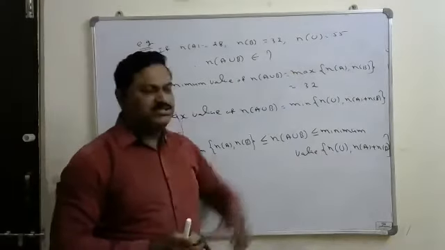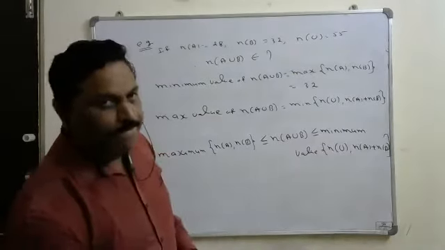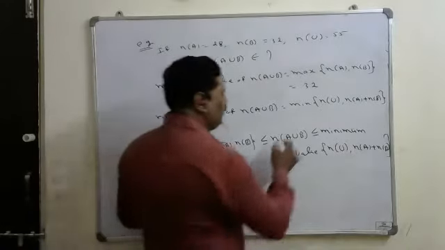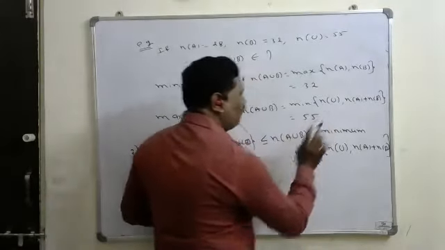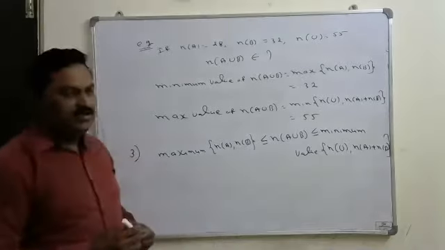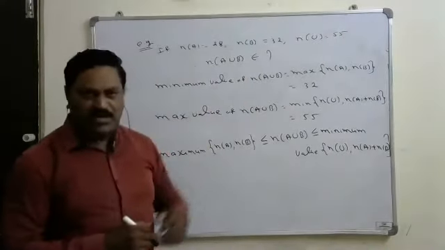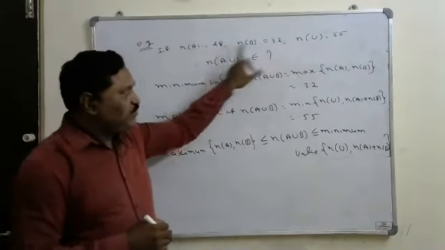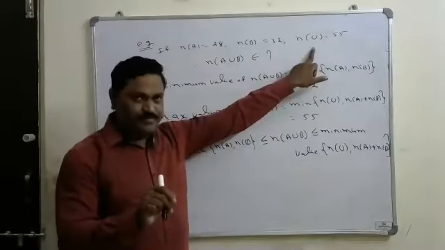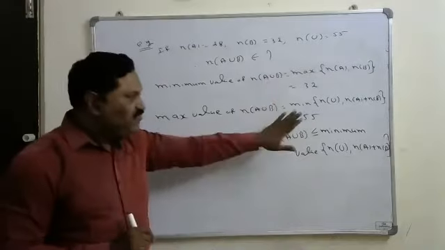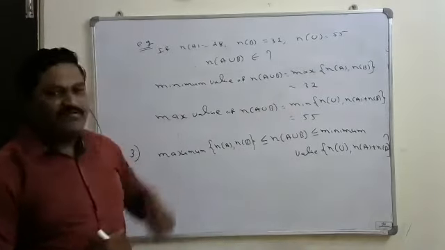But n of U, how much? 55. So what is the minimum of the two? 55. So we have to take 55, since the summation is larger than the universal set. Whichever of the two is the minimum, that value we have to take. That will be the maximum value of n of A union B.